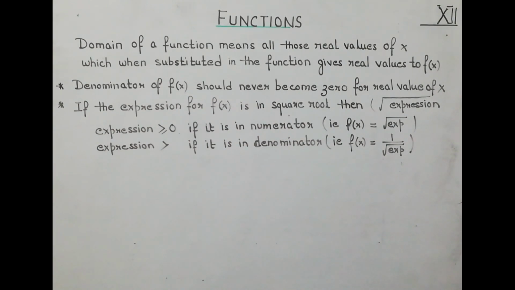And if the expression for f(x) contains the square root sign in the denominator place, then the expression there should be greater than 0 so that we can get a defined value for f(x). So keeping these 2 points in mind, now we will practice how to find the domain of a function.